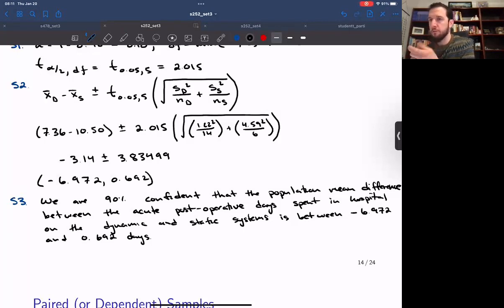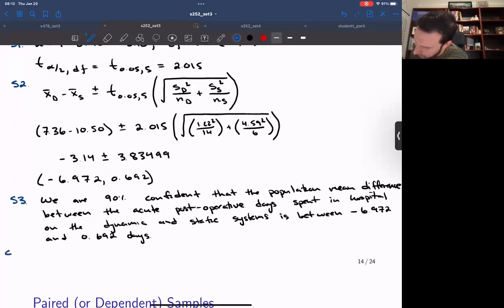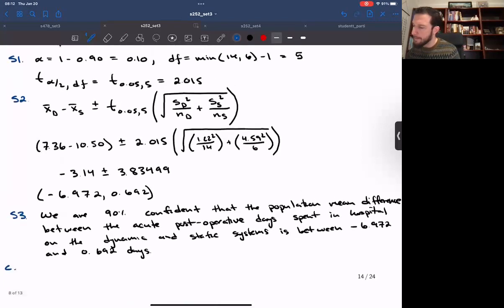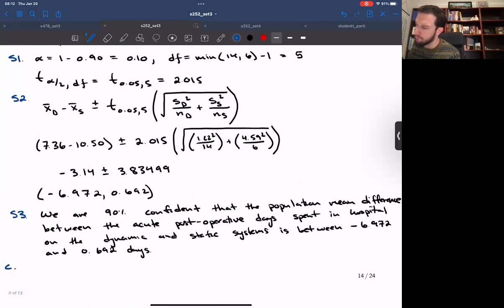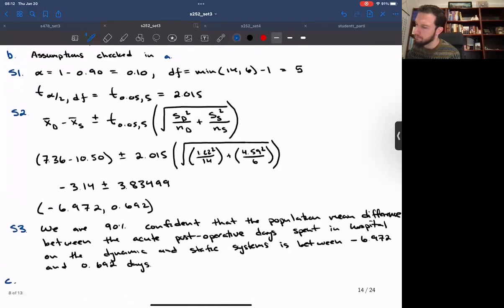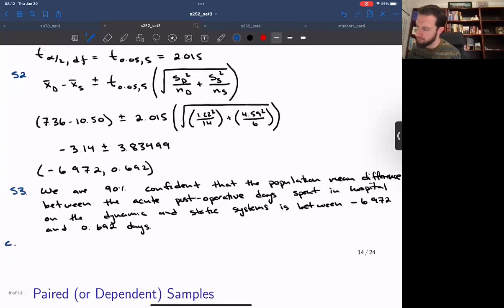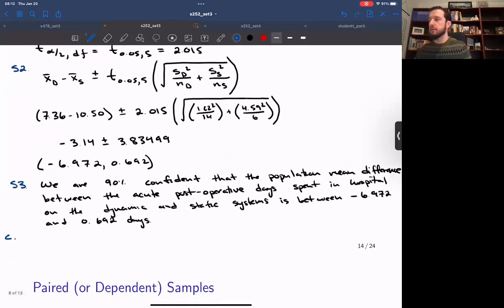So we are talking about the population mean difference between the acute number of post-operative days. That's what we're actually building the interval for. And this is between negative 6.972 and 0.692 days. Any questions?